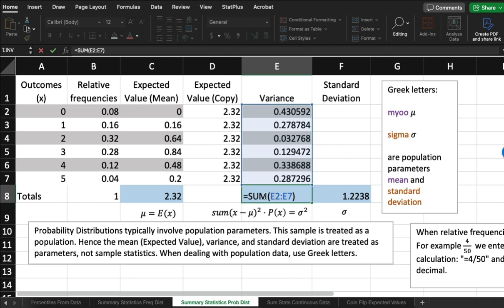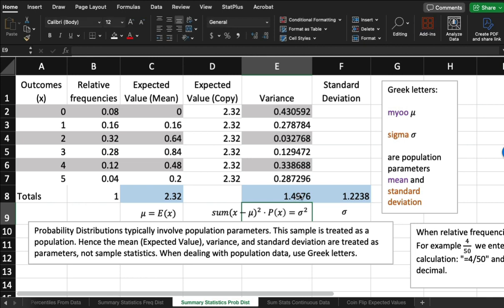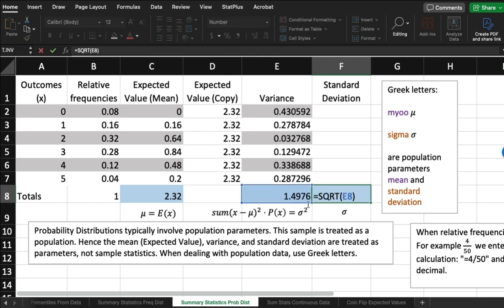So sum E2 colon E7. All right, adding up all those variations gives us our total variance. Now sigma, the standard deviation, is literally just equal to the square root of that variance that we just calculated. So equals square root of E8, and that's going into cell F8.